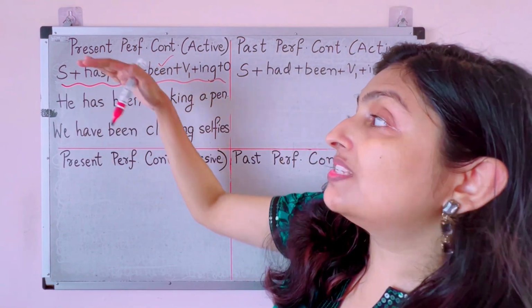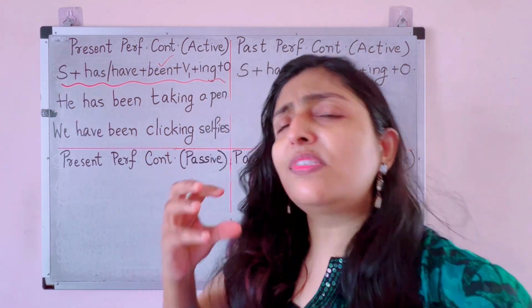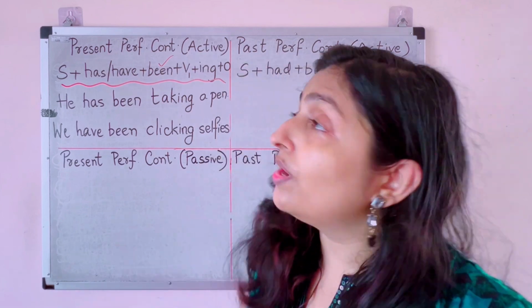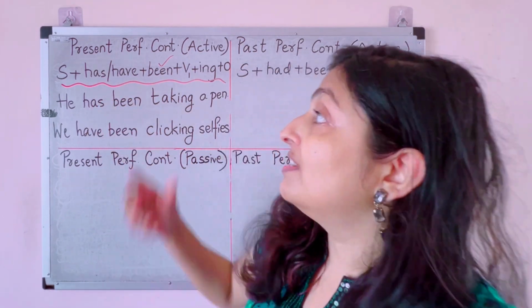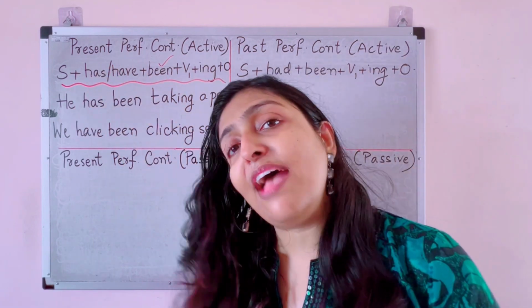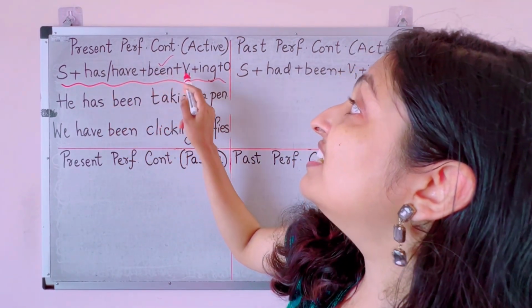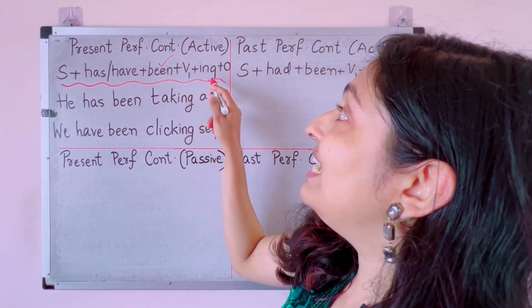Okay, so the sentence becomes: he is a subject. Since he is a single person, singular, I have taken has. Has been taking a pen.